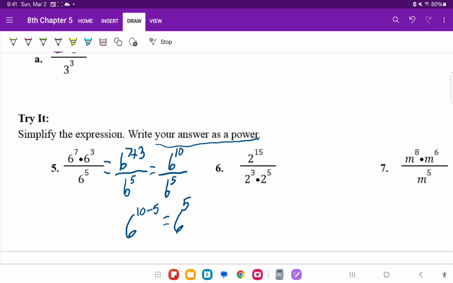Okay, now if we look at number 6, the top won't change, but we do have to process the bottom. So that's going to be 2 to the 3 plus 5, because when we multiply, you add those together.